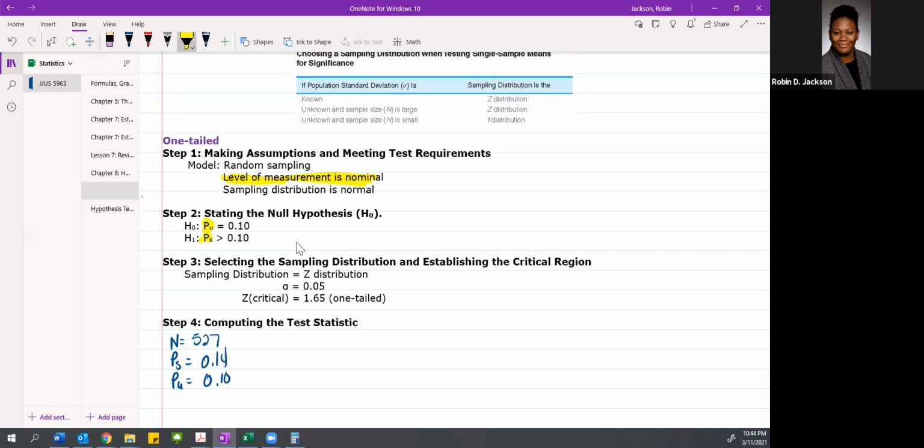And then the alternative or the research hypothesis is the population, or P sub S. Actually, my apologies, I have a typo there. That actually should be a U. So let me go ahead and fix that. And this is why you check things.